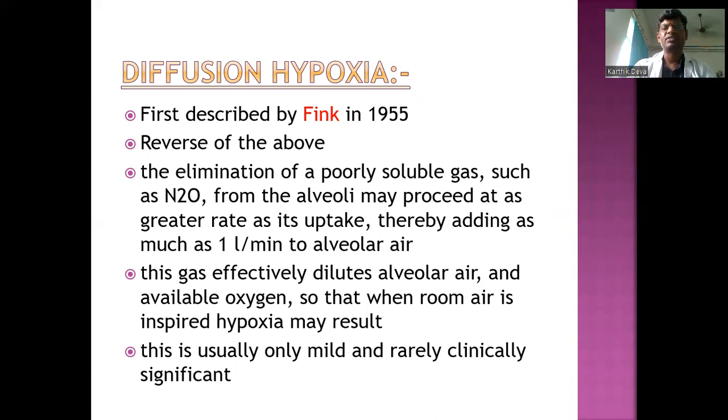This gas effectively dilutes alveolar air and available oxygen so that when room air is inspired, hypoxia may result. This is usually only mild and rarely clinically significant.